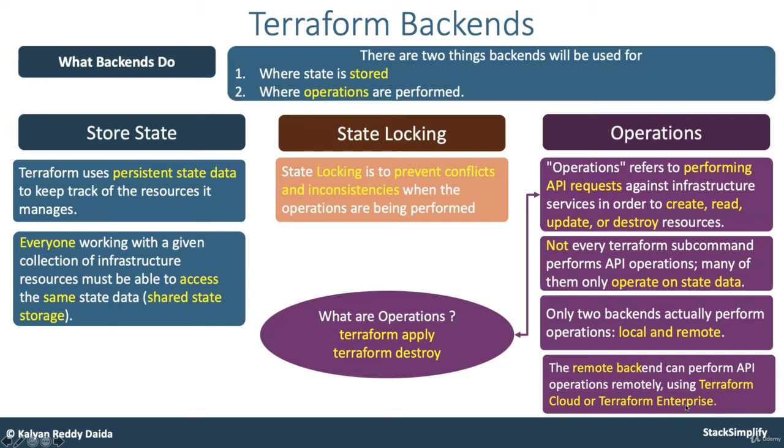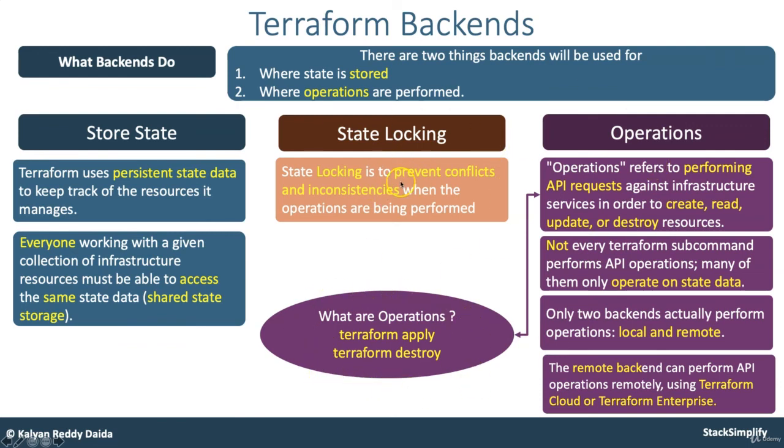In the remote backend category, Terraform Cloud and Terraform Enterprise can even do the operations, whatever we are saying, Terraform apply and destroy. So the Terraform team is trying to show it in a different way: regular backends like AWS S3 can only do state storage and state locking, but Terraform Cloud and Terraform Enterprise will also be able to do these operations.